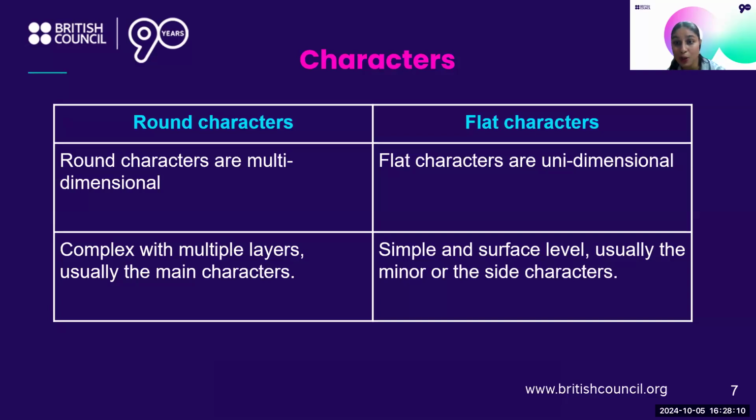And we also have flat characters, which are usually the minor characters, and as the name suggests, they are flat and unidimensional. They're simple, and we are not able to get to know more about them because not a lot of information has been provided about those characters. So whenever we are selecting any story for the classroom, these two types of characters, round and flat, are something we are supposed to look for.